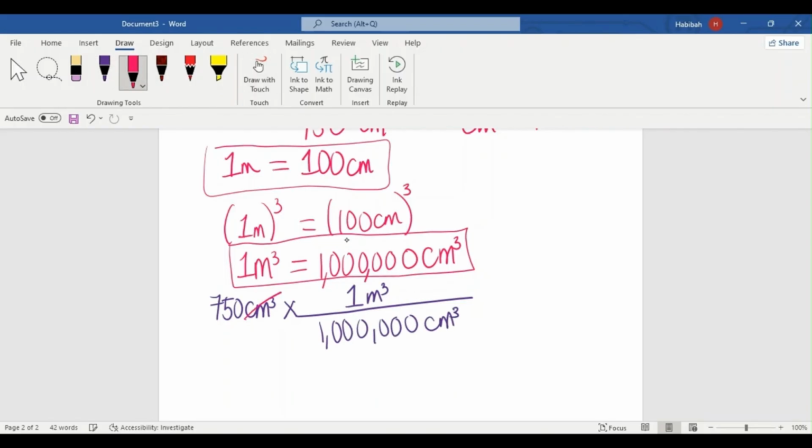So we do our math, put this in a calculator, and cross out the units. When we do the whole thing, we end up with 7.5 times 10 raised to the power of -4 meter cubed. Yep, that is it.